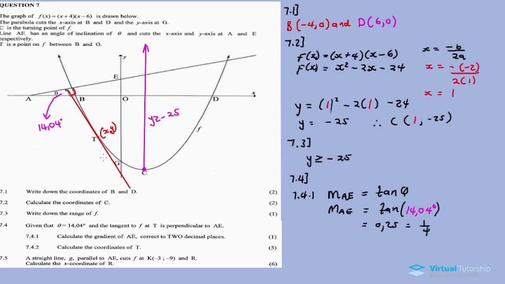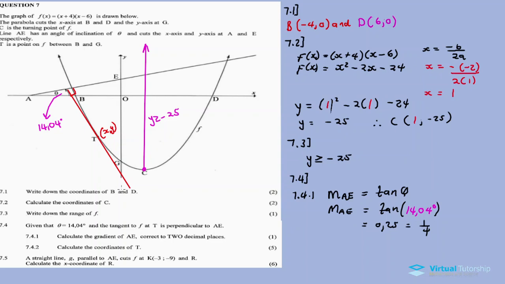According to my sketch, you can see that this red line, the tangent, does not look perpendicular, but the sketch says otherwise because I drew it roughly. The assumption is that the tangent is perpendicular to AE, and we know that if lines are perpendicular, the product of their gradients is equal to -1.